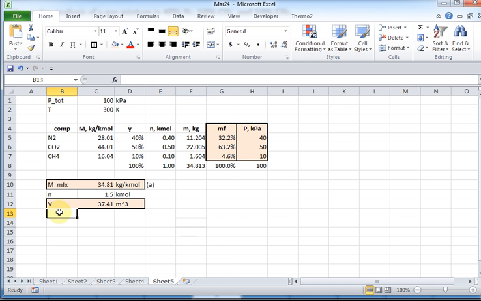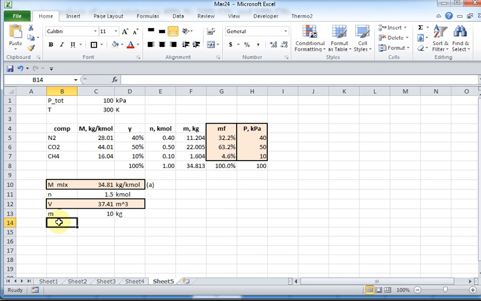Then the last question was not that n was given, but m is given. It's a different problem now, and it says the mass is 10 kilograms. What is the volume occupied by 10 kilograms? Just use the other form on the mass basis.